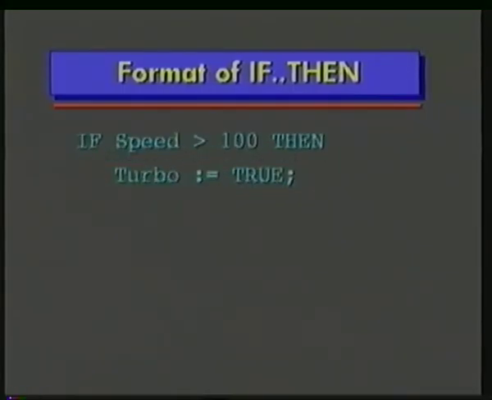The if in an if-then statement must be followed by a Boolean expression that represents a condition that must be true for the action in the then part of the statement to occur. But what happens when the condition in the if part of the statement is false? We know that the action in the then part won't occur. But what if we need something to happen if the Boolean expression evaluates to false?